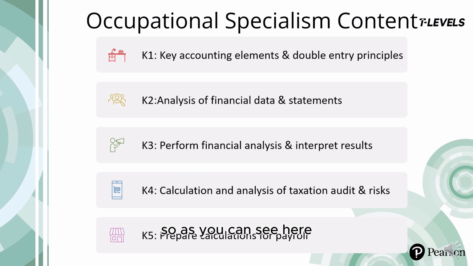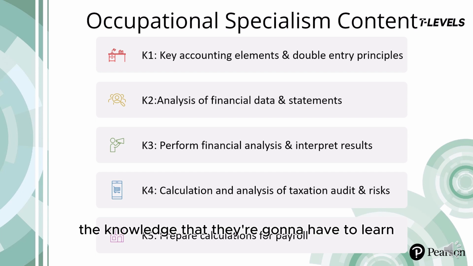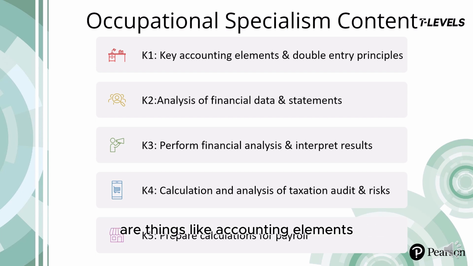As you can see here, the knowledge that they're going to have to learn includes accounting elements and double entry principles. They're going to have to understand analysis of financial data and statements. They'll have to perform financial analysis and interpret results, be able to calculate and analyse taxation, audit and risk, and they'll also have to be able to prepare calculations for payroll.